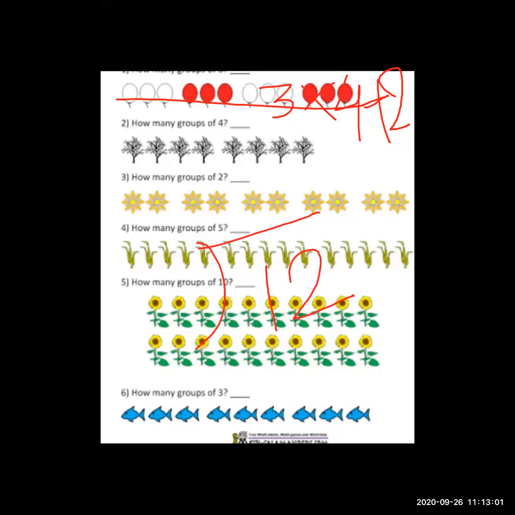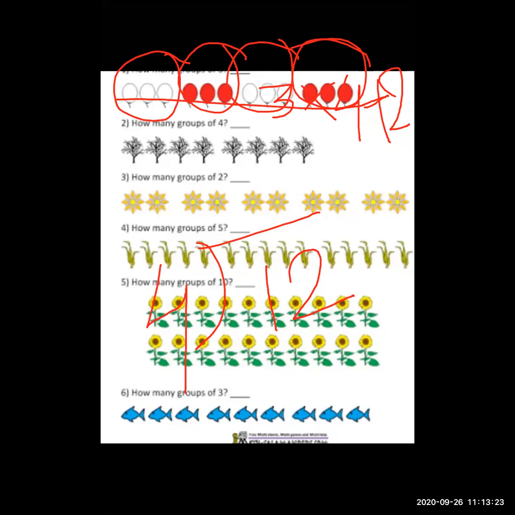You want to count the groups like this: 1, 2, 3, 4. Then on the left side, you want to write the 4.